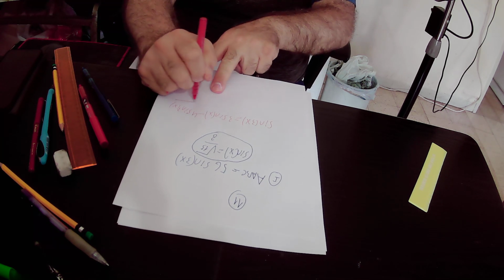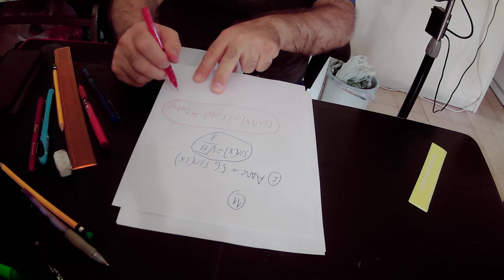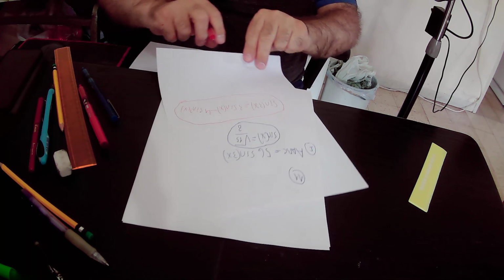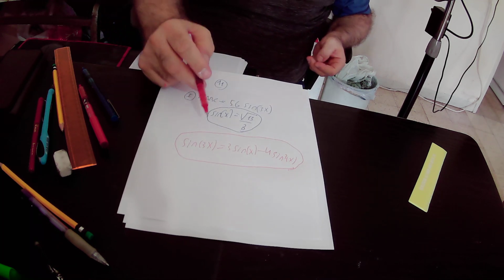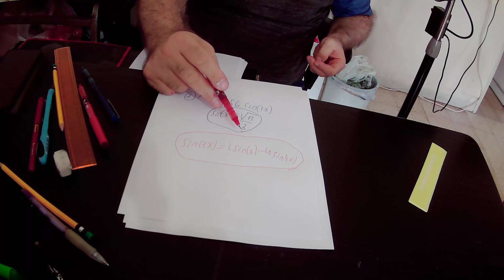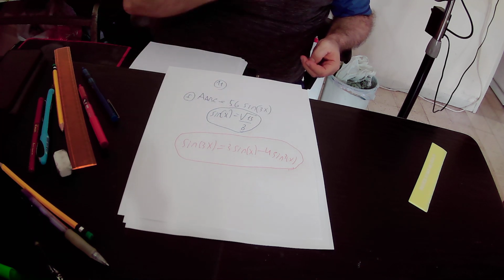Okay, we will use this trigonometric identity for sine 3x: sine 3x equals 3 sine x minus 4 sine cube x.